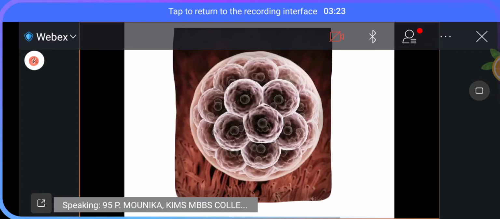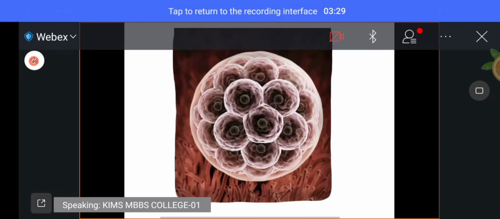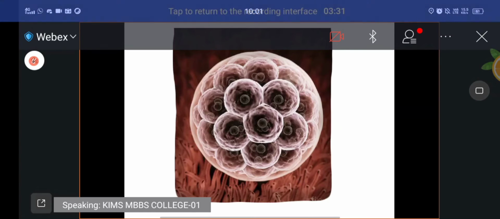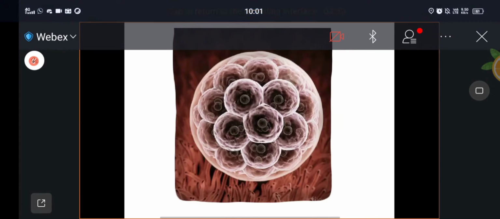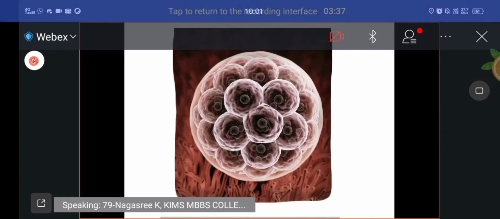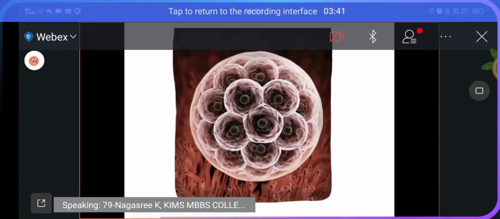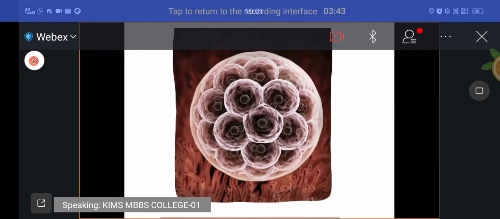Next, in the process of development, what is the fate of this morula? It develops into blastocyst. So, how is this blastocyst formed?